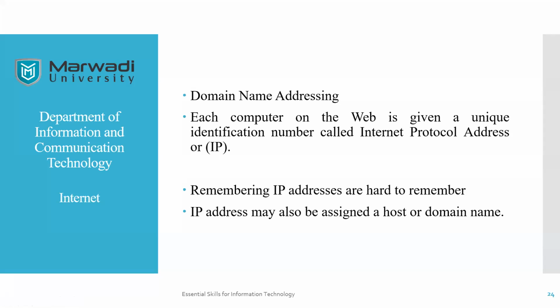Next thing is domain name addressing. Each computer on the web is given a unique identification number called an Internet Protocol address, or IP address. IP addresses are hard to remember, so an IP address may also be assigned a host or domain name.